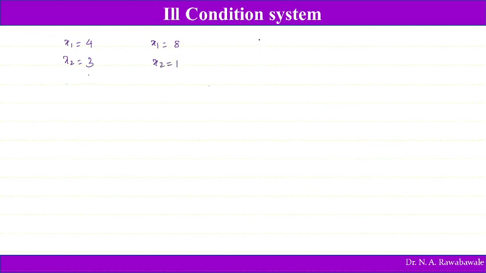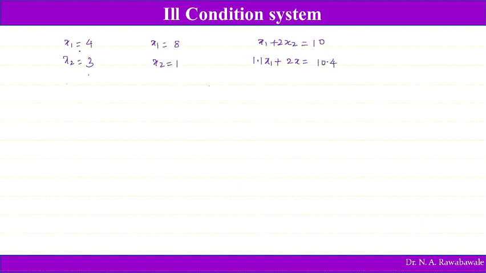So the original set of equations which we have is x1 plus 2x2 is equal to 10 and 1.1 x1 plus 2x2 is equal to 10.4.